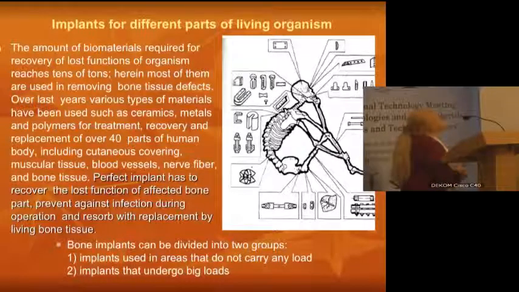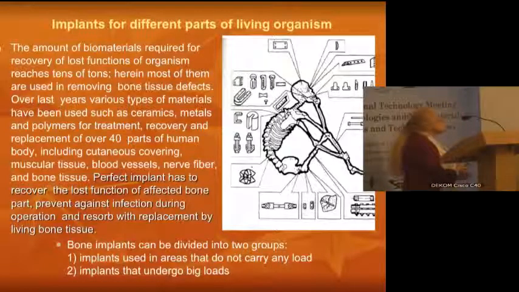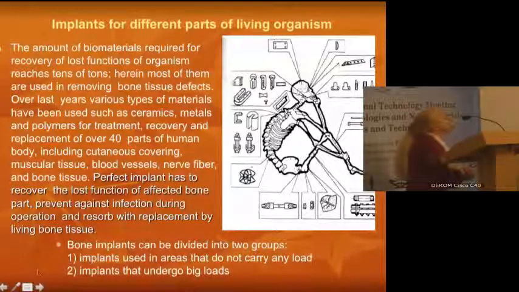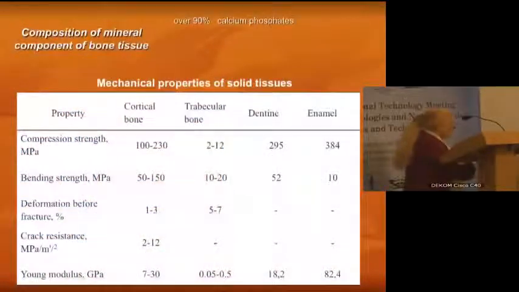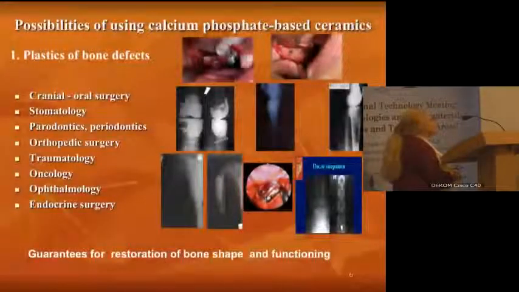It can support the process of proliferation and differentiation of the cells, and the role of matrix to build the bone around. It's also an inductive material which is prone to form new bone elements, chondrocytes and osteoblasts from the surrounding tissue that are not bone tissue per se.